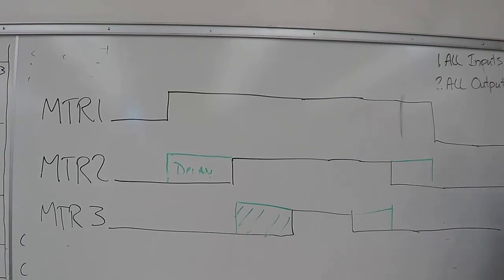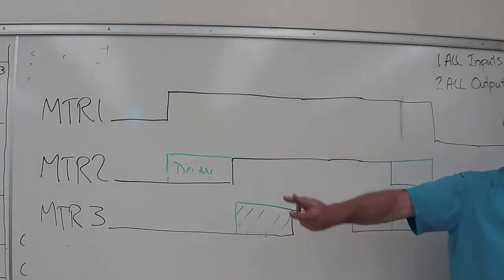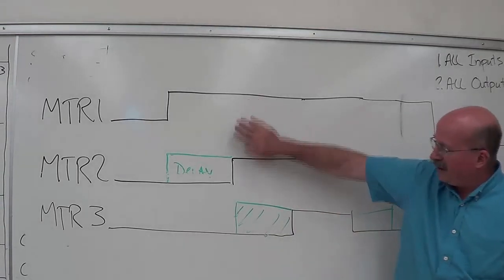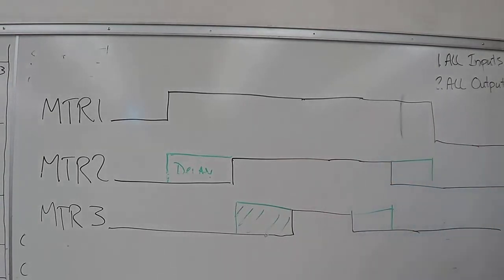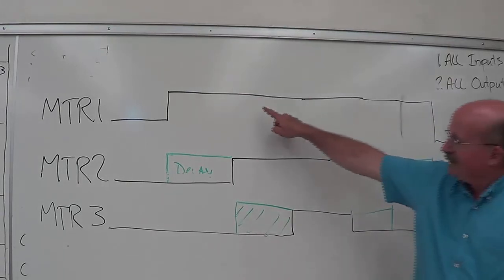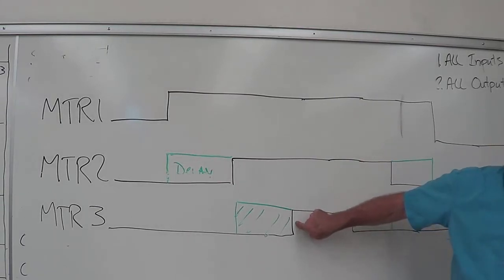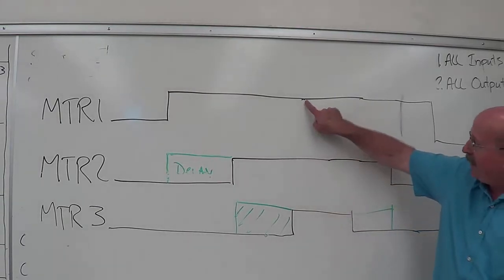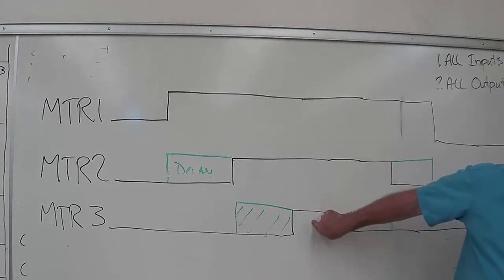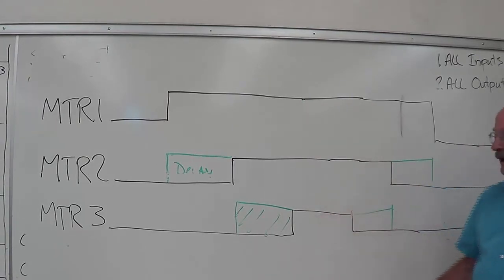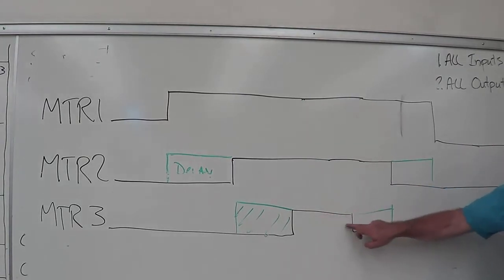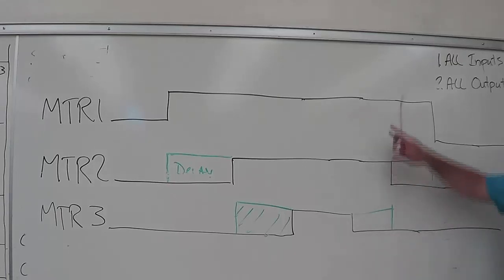Okay. If I only have a 3-motor system, if motor 1 is on and motor 3 is not on, are we in a startup delay? Yeah. If motor 3 is on, we're not in a delay anymore, are we? Now when I shut back down, first one to shut off is motor 3. But is motor 1 still running?